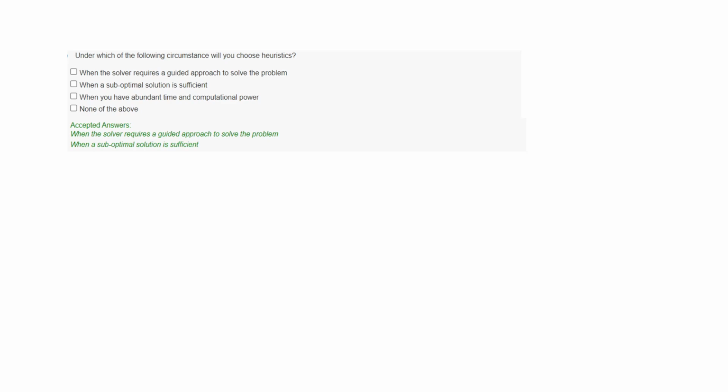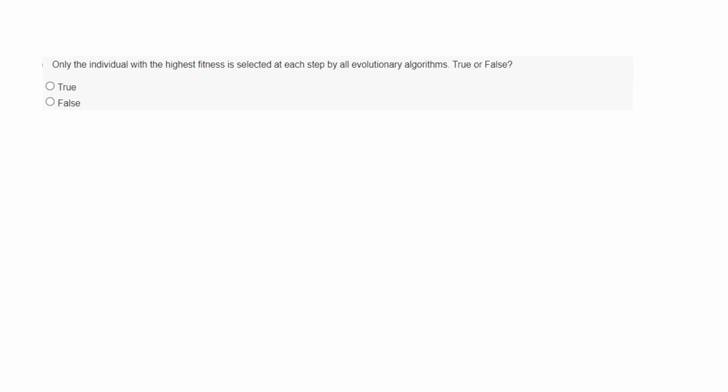That is not an ideal use case for heuristics. So moving on to the next question. Please try to think of the reason as well.